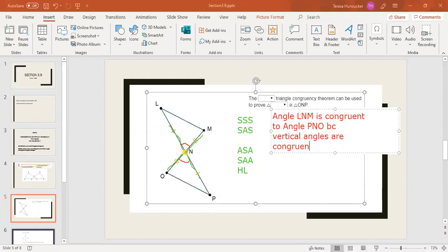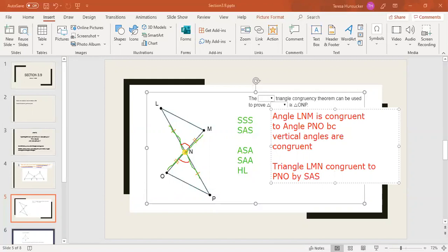Now I have triangle LNM congruent to triangle PNO by side angle side.